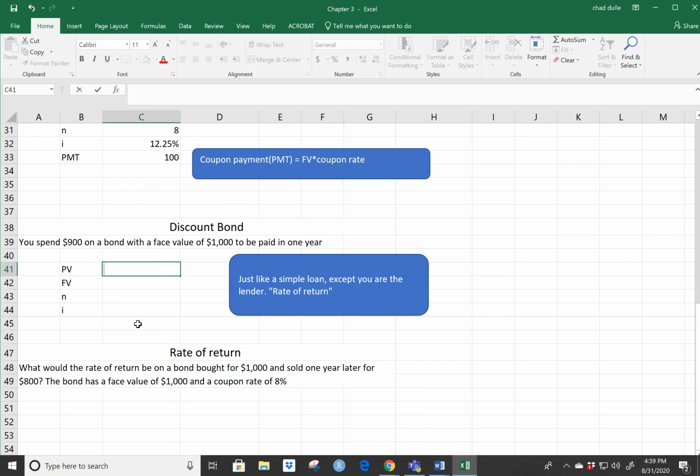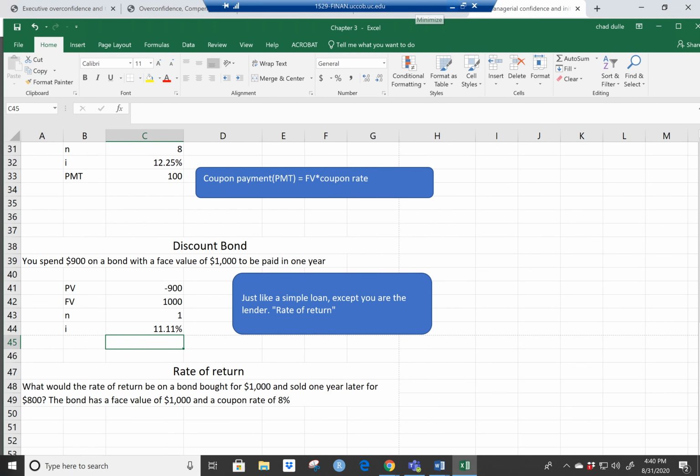So the present value is negative 900 because you spend that today. Future value is 1,000, in 1 year. This one is super simple. There is no payment. And it's going to be 11.11%.